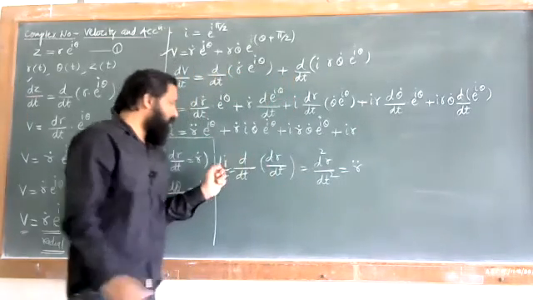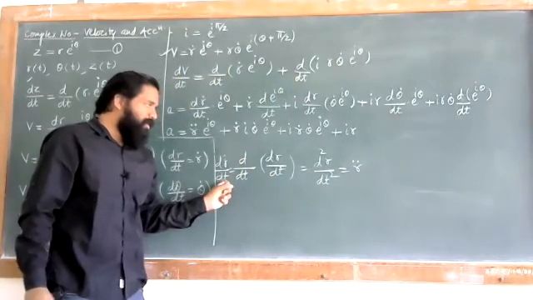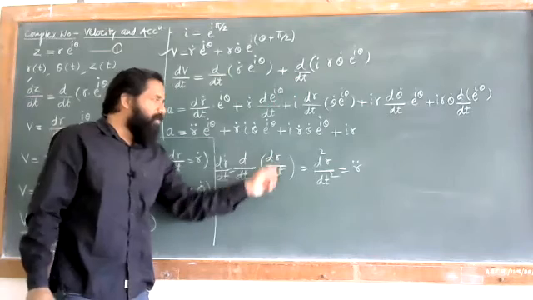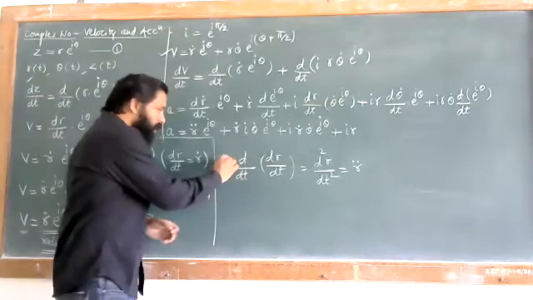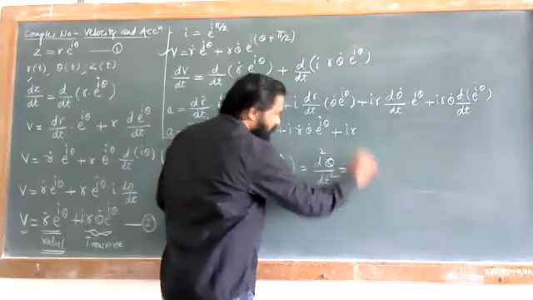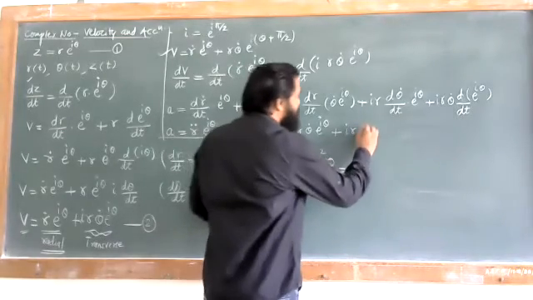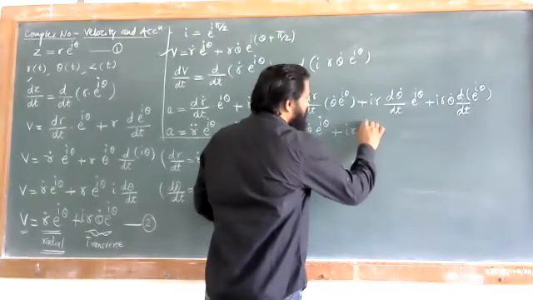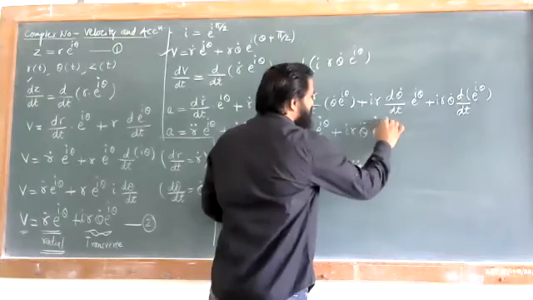Now just as we wrote dr dot by dt, that is nothing but d by dt of dr by dt, similarly for theta, this is nothing but theta double dot into e raised to i theta.